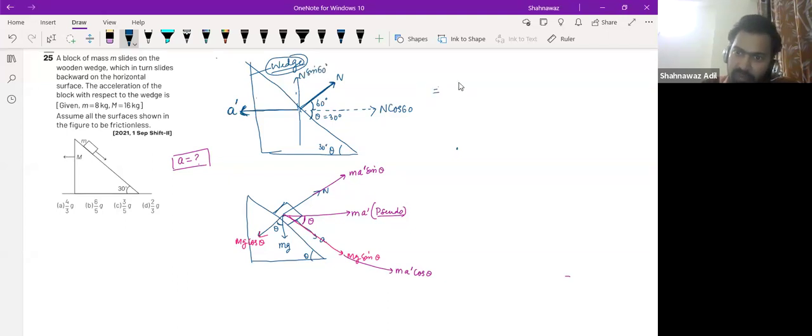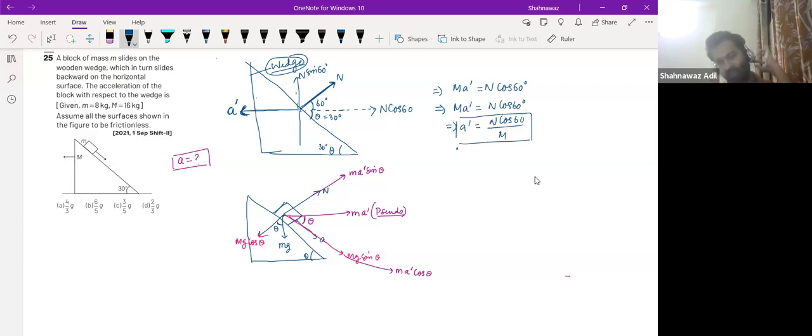So MA prime is equal to N cos 60. So A prime is N cos 60 divided by M.